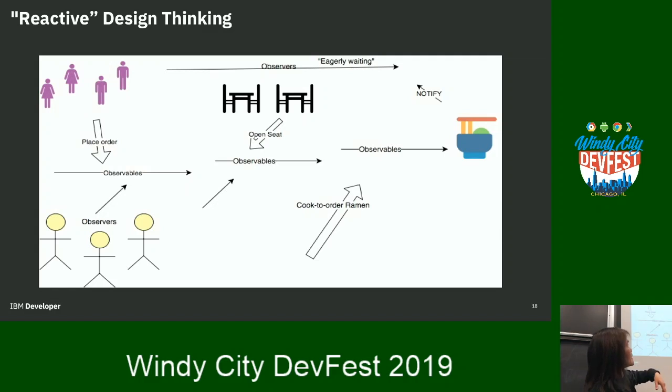If something opens up, it shows another event: hey, there's an open seat. Then the observers on the waiter's side should respond. Once I have an order, I wait for an open seat to be available. If the two are good, then I assign the seat and pass my order over to the cook to cook the ramen.